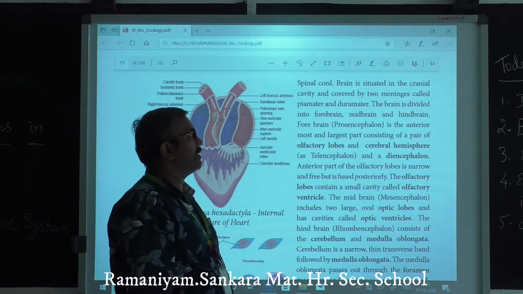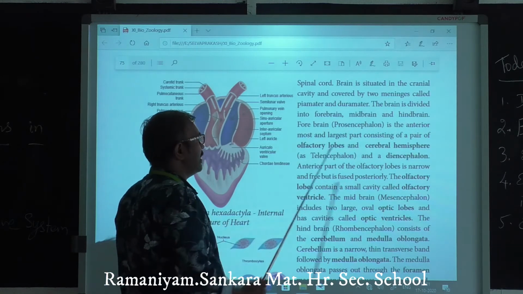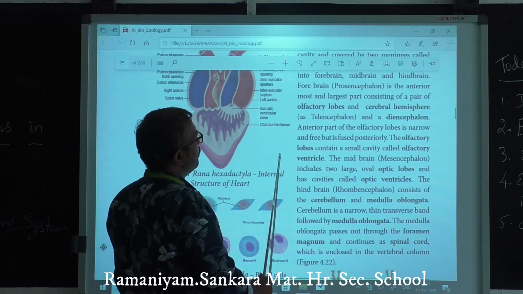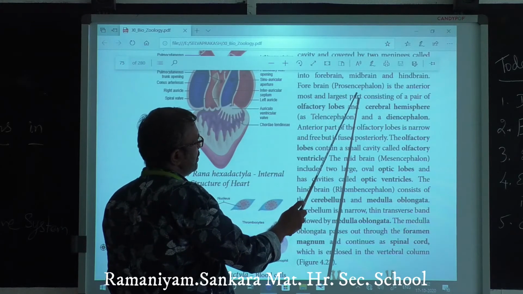The brain is divided into forebrain, midbrain and hindbrain. There are three parts. Forebrain means prosencephalon.